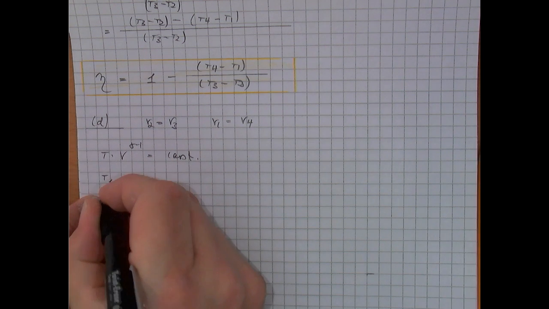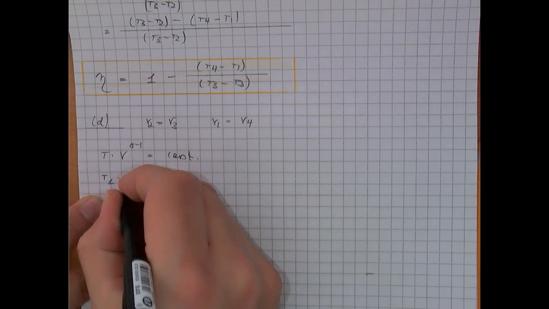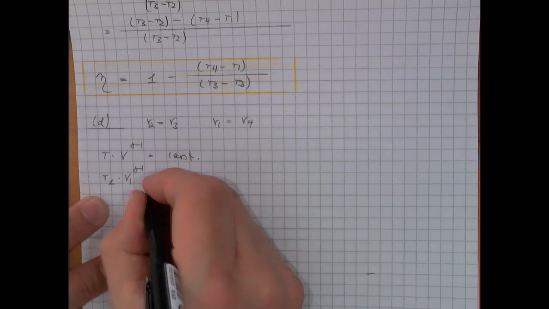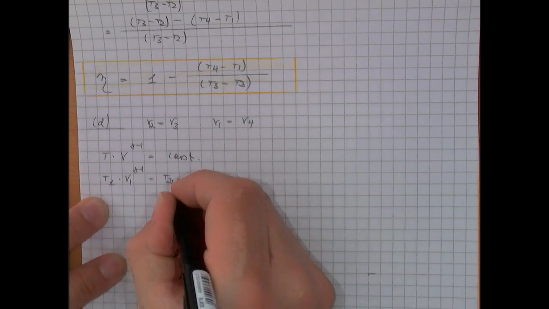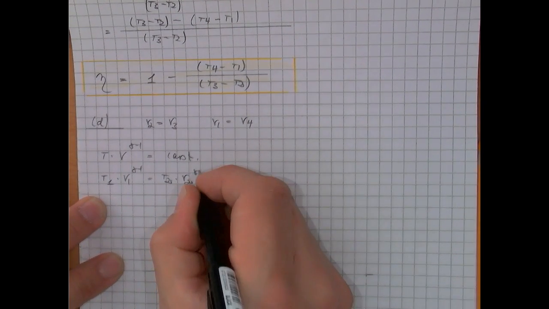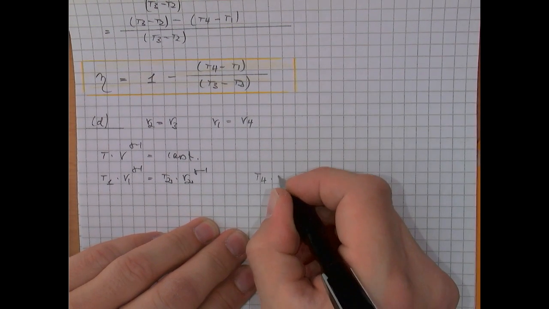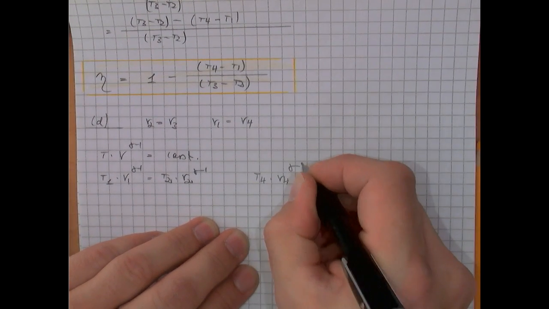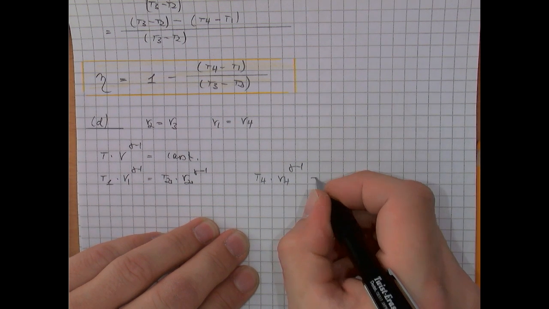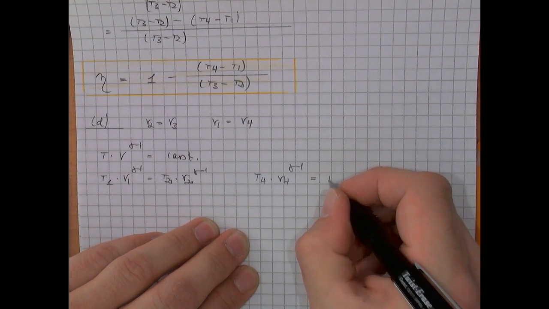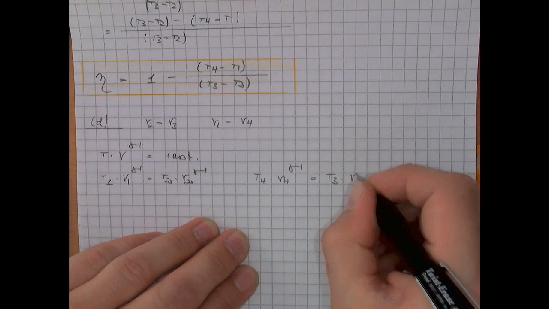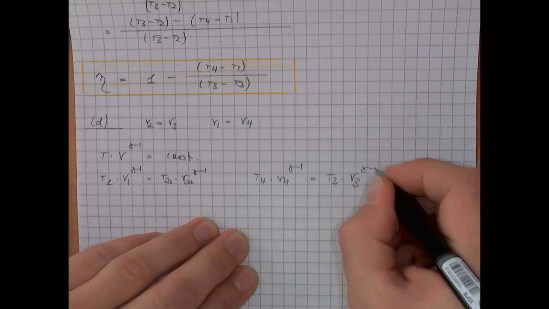So we have then T1 times V1 to the power of gamma minus 1 equals T2 times V2 to the power of gamma minus 1. And we also know that T4 times V4 to the power of gamma minus 1 equals T3 times V3 to the power of gamma minus 1.